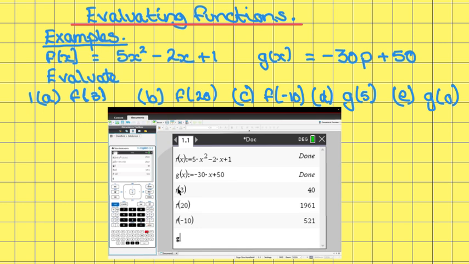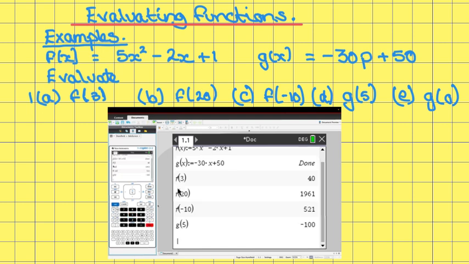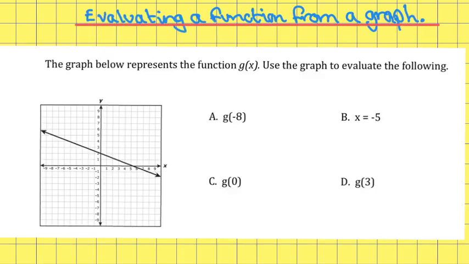Now go to g(5), hit enter, minus 100, and finally g(0), hit enter, and the answer is 50. That's exactly the same questions answered using your GDC.